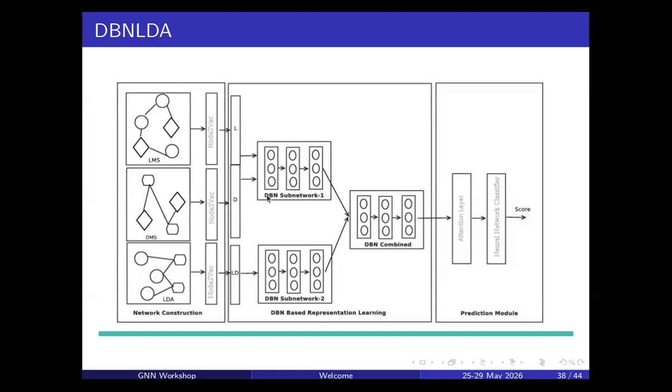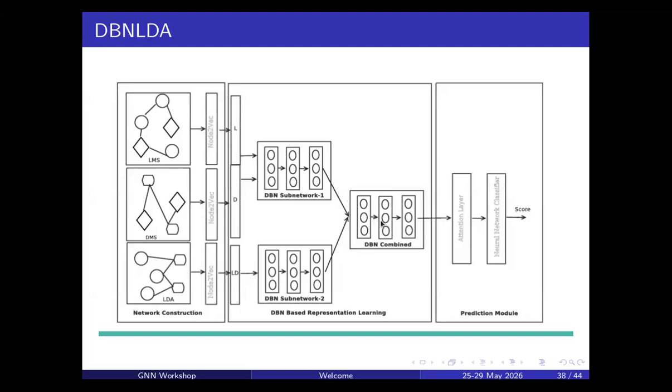We pass these embeddings through a deep belief network, a kind of probabilistic neural network that, like a graph neural network, gives an embedding. From L and D, they are combined and we get a latent representation. We concatenate these embeddings, get LND, and also the LNC-RNA disease embedding, concatenate, and pass through another DBN.